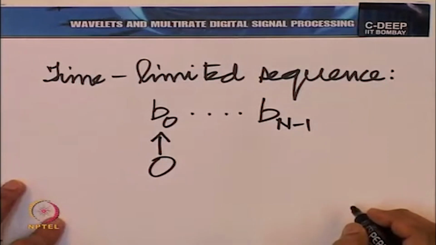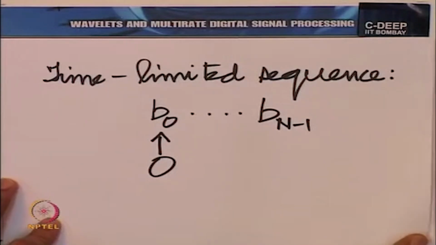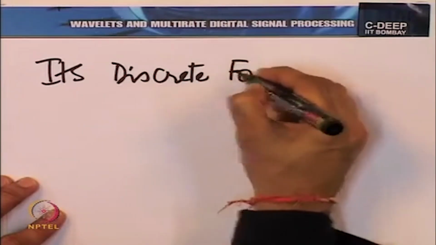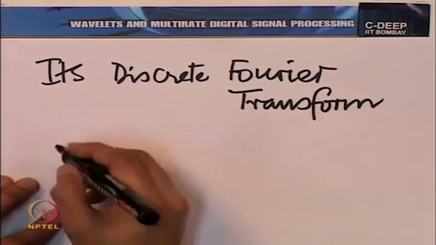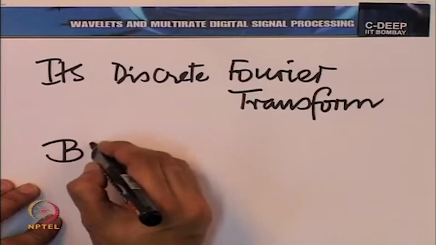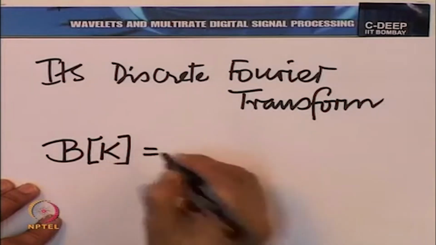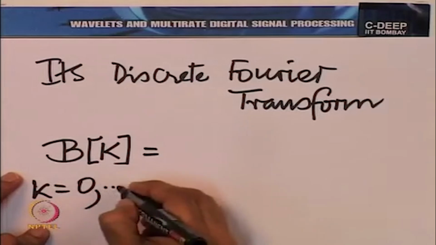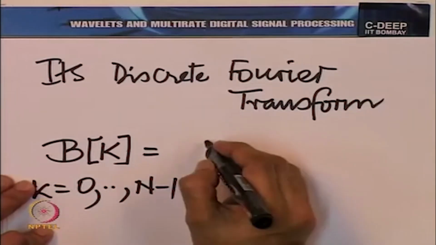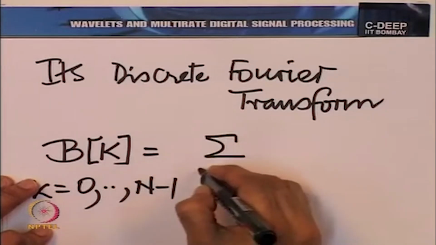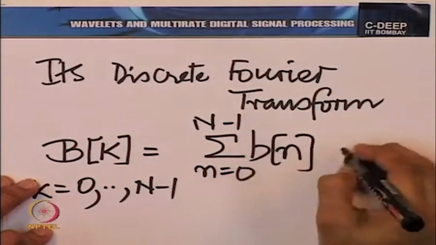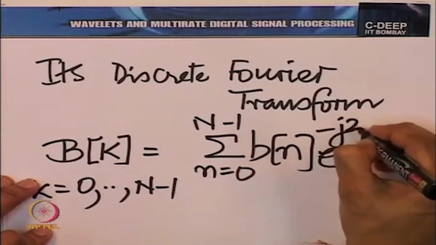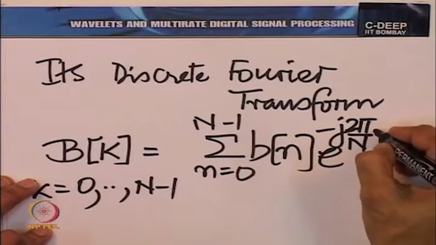So, if this is the time limited sequence of capital N samples, its discrete Fourier transform is essentially capital B[k], of course, k also running from 0 to capital N minus 1, with capital B[k] defined by summation n going from 0 to capital N minus 1, B[n] e raised to the power minus j 2 pi by N times n k.